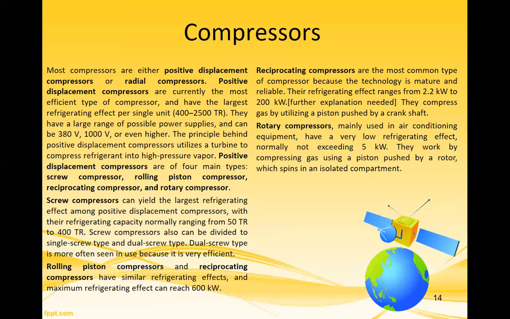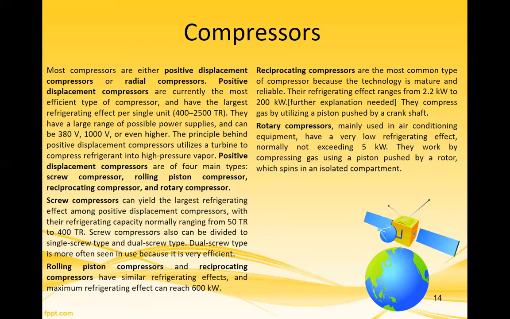Okay, so the rolling piston compressor and reciprocating compressors have similar refrigerating effects, and maximum refrigerating effects can reach 600 kilowatts. Reciprocating compressors are the most common type of compressor because the technology is mature and reliable.